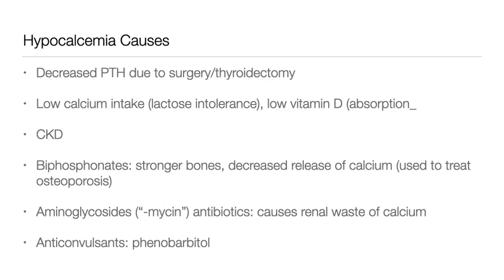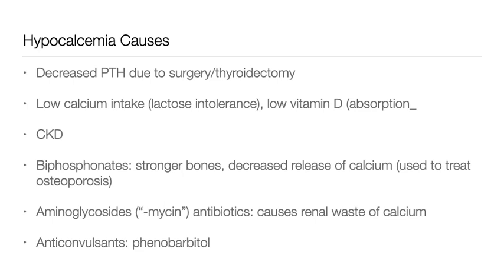You might also see this with chronic kidney disease. You might see this because of the use of bisphosphonates. They lower the release of calcium, so the osteoclasts, when they break down the bone, there's less calcium production.